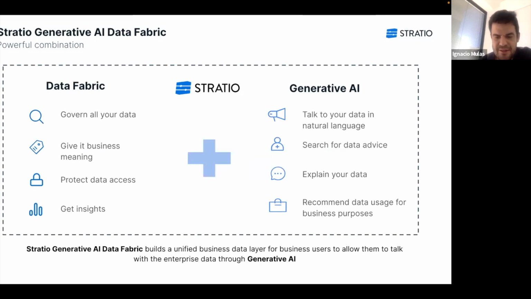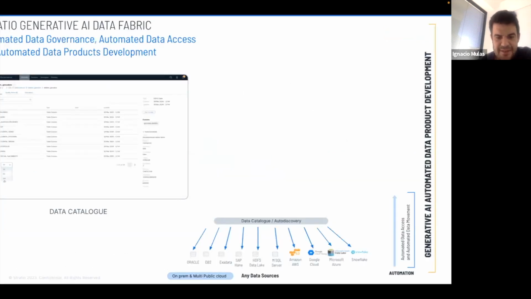Just if I go from bottom to top, our technology starts from an auto discovery process. What this auto discovery process looks for is to detect and discover what data is inside all these data stores.